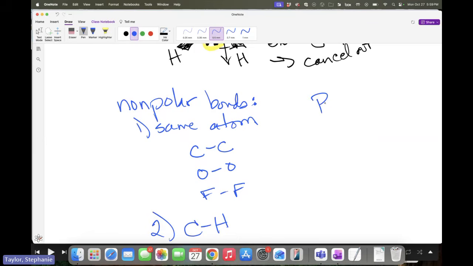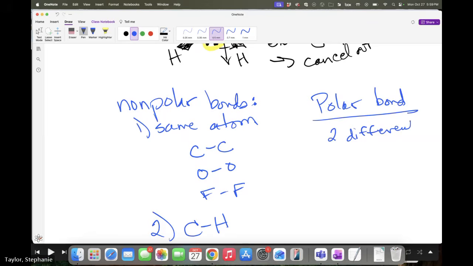Everything else, two different atoms. Not carbon to hydrogen. Carbon to hydrogen is defined as a non-polar bond. We are going to define all the other combinations as a polar bond. Yes, that is a simplification.